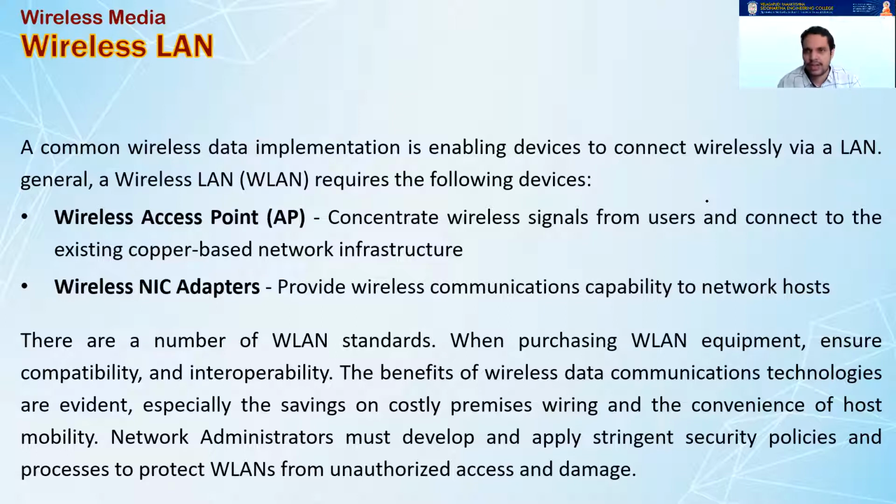Your wireless router is a kind of access point which actually sends and receives the signals. It is the point to which all your devices can connect wirelessly. Now, for this to happen, your device must also have a wireless NIC adapter, network interface card. If you don't have a wireless adapter in your device, you cannot communicate with the access point.